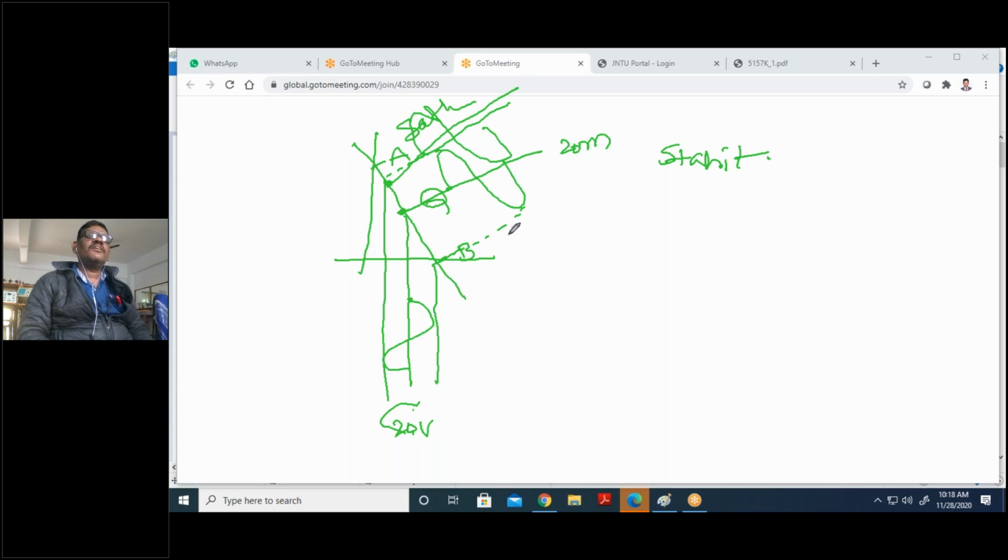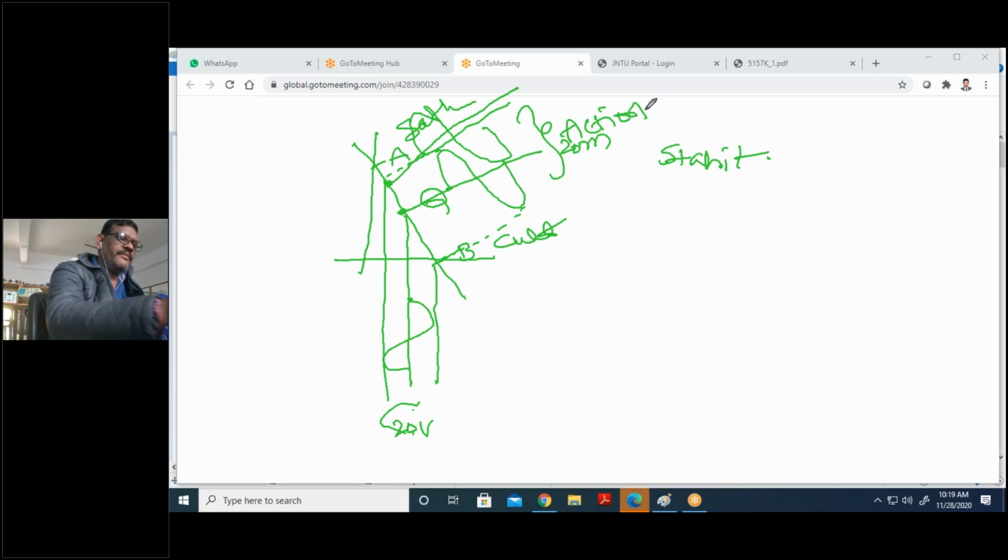Below this is called cutoff. In the middle one is active. The operating point every time must be maintained in the active region only. That purpose we want to stabilize the amplifier circuit.